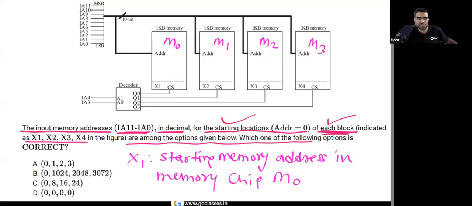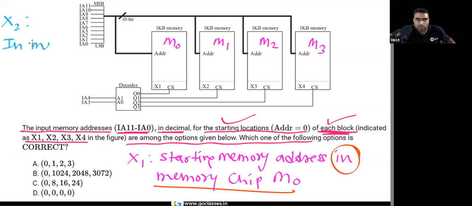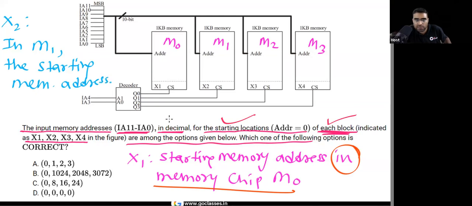Understood? And what is x2? In memory chip M1, the starting memory address, in decimal. That is also given to you in decimal. Yes or no? So did you understand the question?